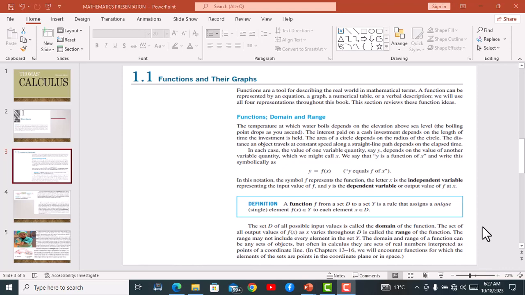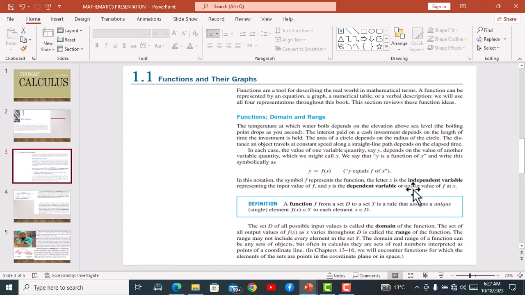All right, that is fine. In this notation, the symbol f represents the function. The letter x is the independent variable representing the input value, and y is the dependent variable, or output value, of f at x. So what are we saying there?